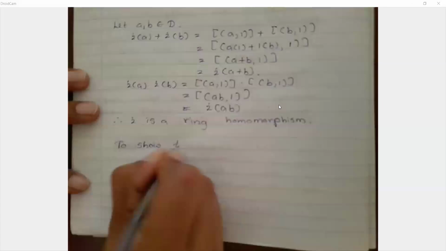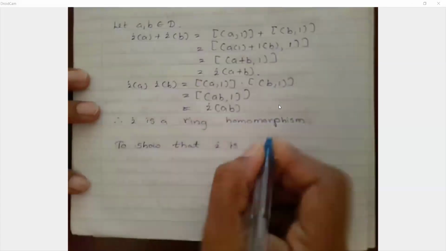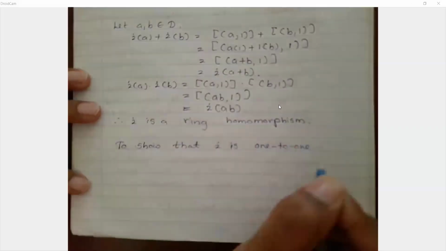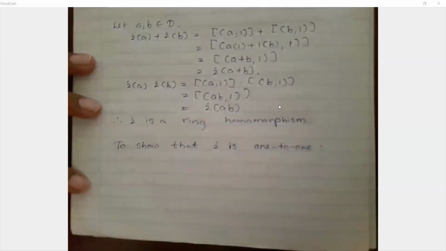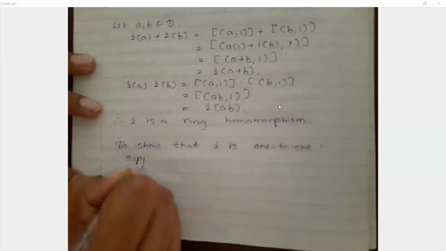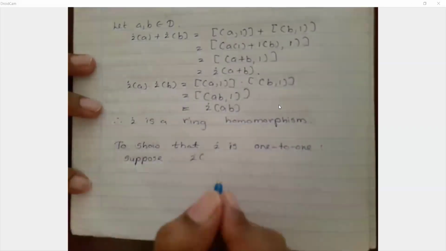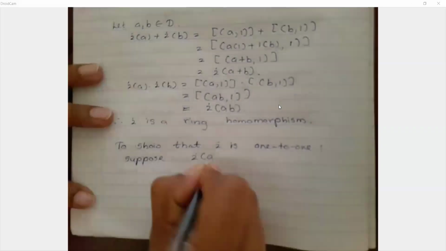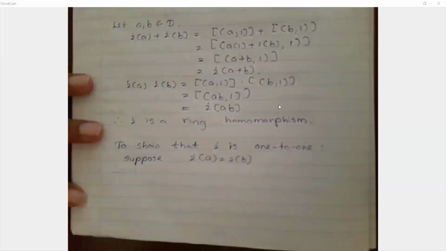To show that I is 1 to 1, suppose we have, for A, B in D, I of A equal to I of B. We have to show that A is equal to B.